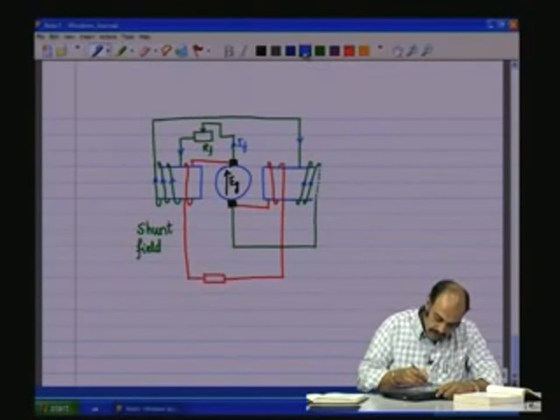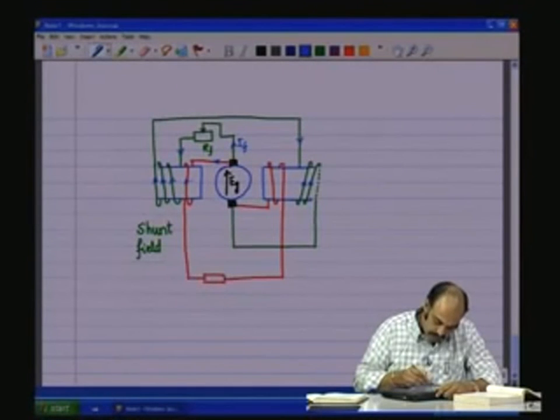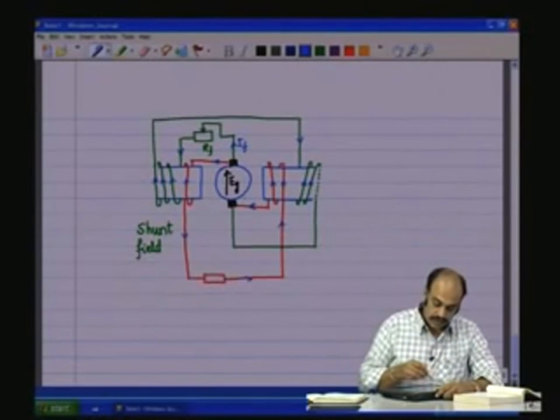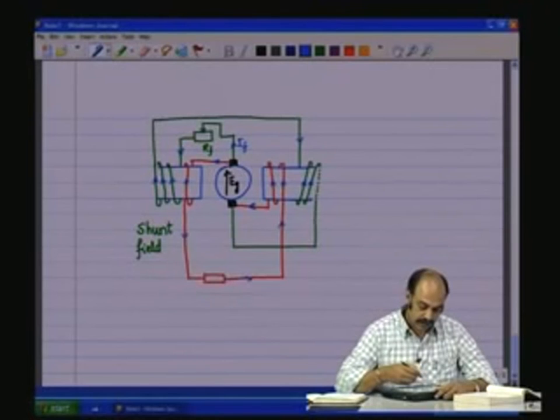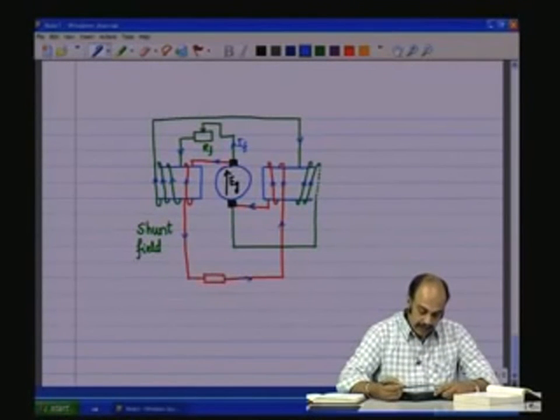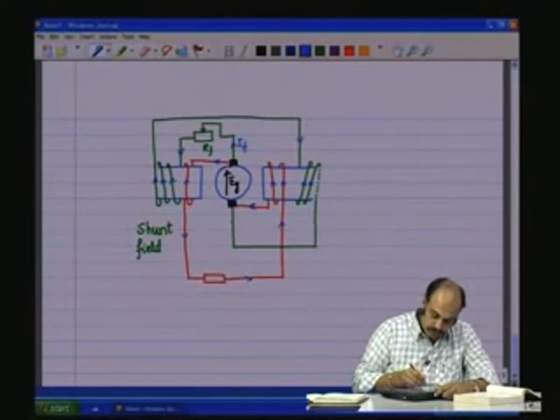So, again here the direction, we see the current direction flowing in here, it comes in there, goes like that, here goes in this fashion. So, these are aiding fluxes which will try to cancel out the load component of the shunt, this one due to the armature winding resistance. So, this is how the series field is put into the picture.